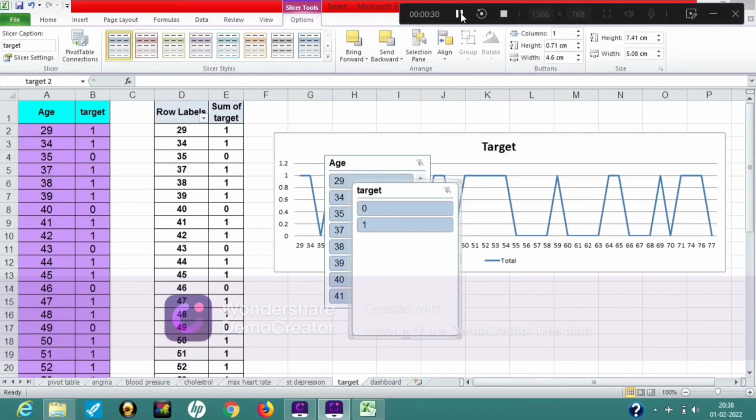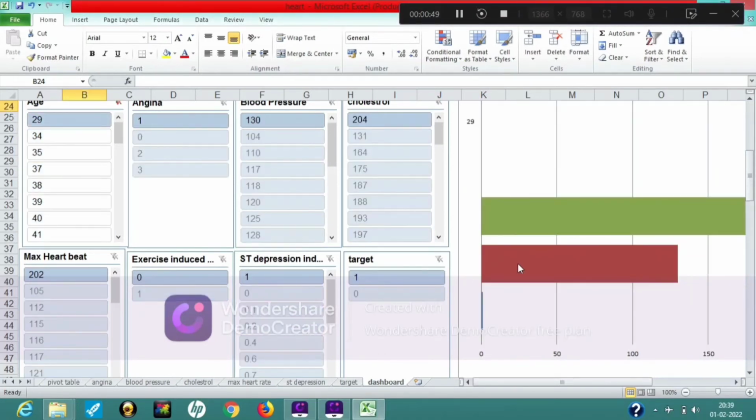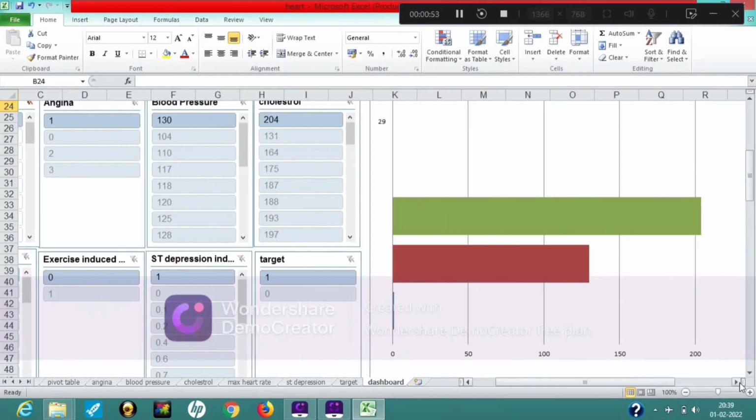By creating slicers for each pivot table, I added my slicers to my dashboard. Here my slicers are linked with the pivot chart. For example, at the age of 29, the level of angina, cholesterol and blood pressure can be viewed in this pivot chart.